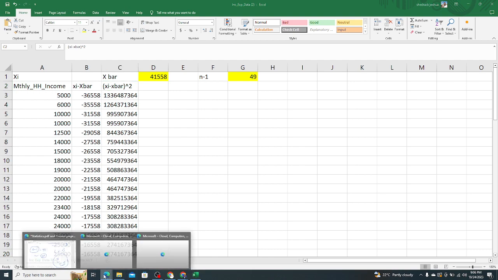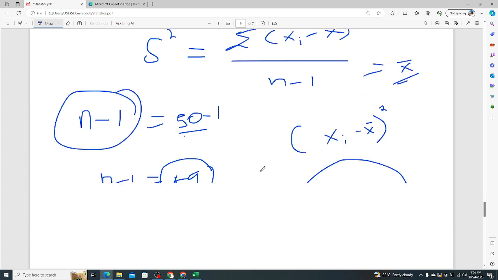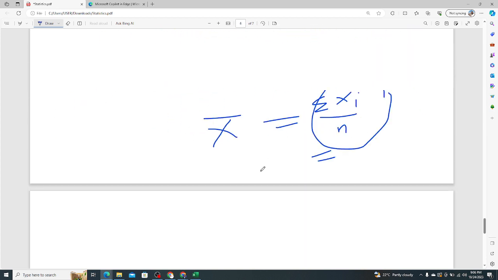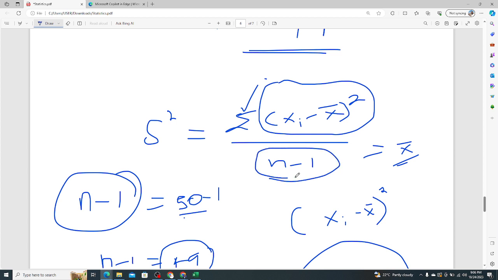So what are we missing now? We already have this part. Now we are remaining with the summation, and then dividing it by n minus 1.